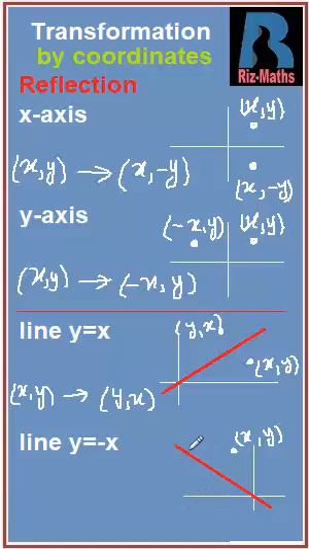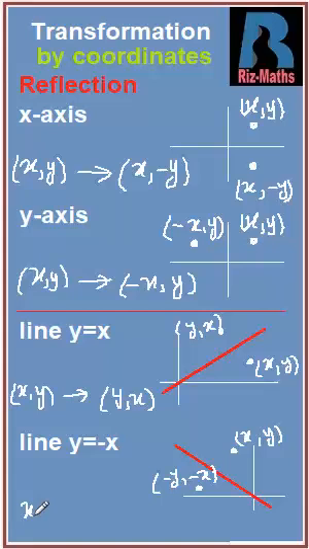And if it is the line y is equal to minus x, this one, so this point xy, whatever are the coordinates of this point, after reflection it will go exactly on the opposite side at the same distance. So it will be negative y and negative x, which means that the coordinates are switched as well as their signs are changed.